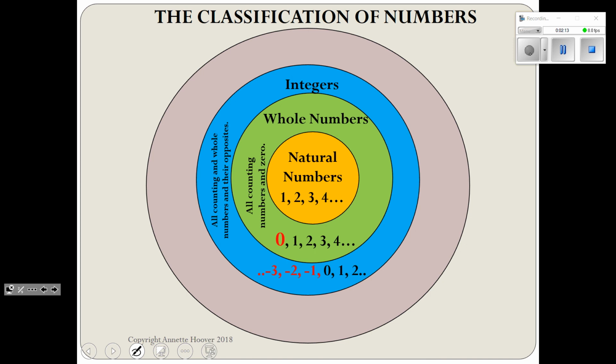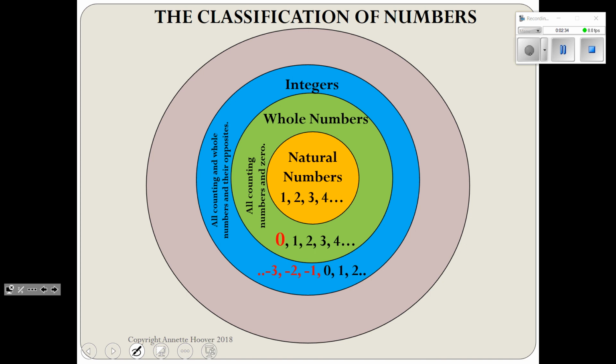So for example, if I were counting starting at -5, it'd be -5, -4, -3, -2, -1, 0, 1, 2. On your notes, you'll want to write all the things that you're seeing up here on the screen. So integers are whole numbers and their opposites.